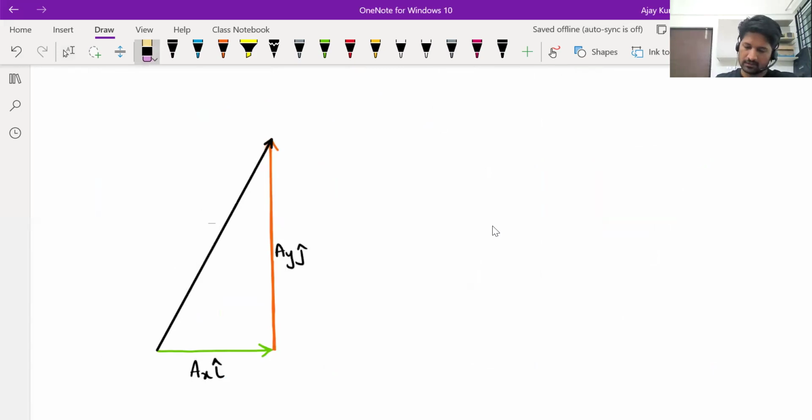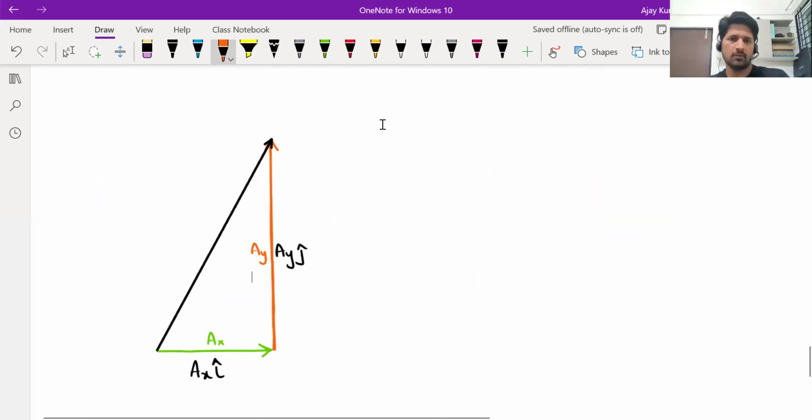That means the green side is ax, its length is ax, and the orange side, its length is ay. Now the green one is the x component, the orange one is the y component. Quickly tell me, what is the angle between the x and y axis?